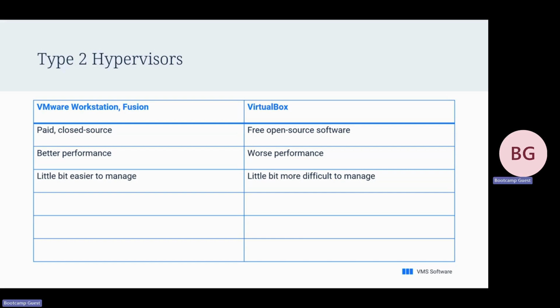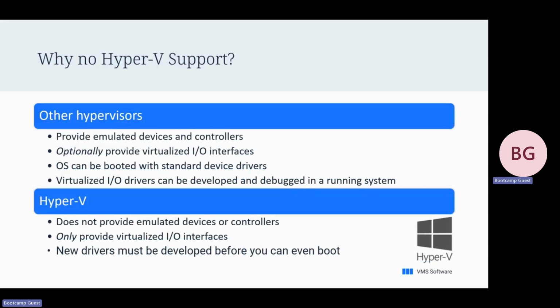A question we get sometimes is why we do not support Microsoft Hyper-V. This is really a big difference in how Hyper-V works. For example, pretty much any other hypervisor provides emulated devices and emulated controllers.